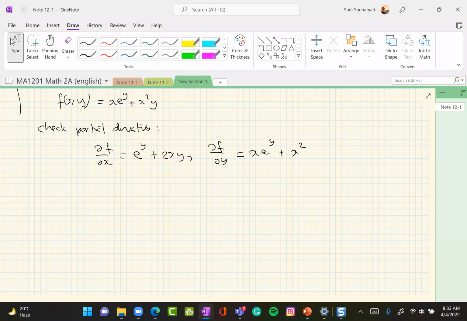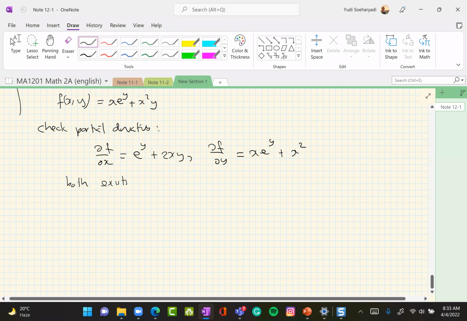So here both exist, both are defined and continuous for any x and y.